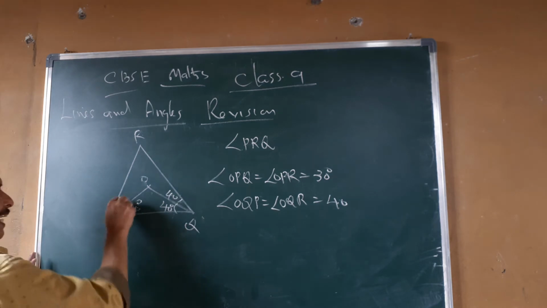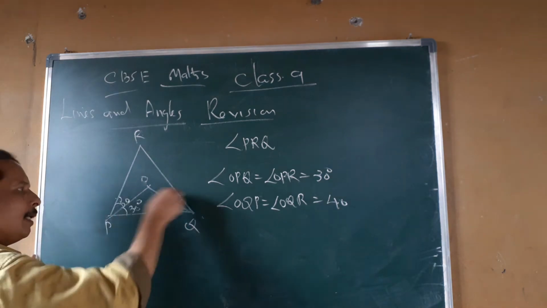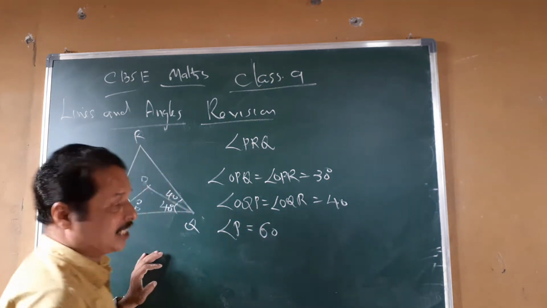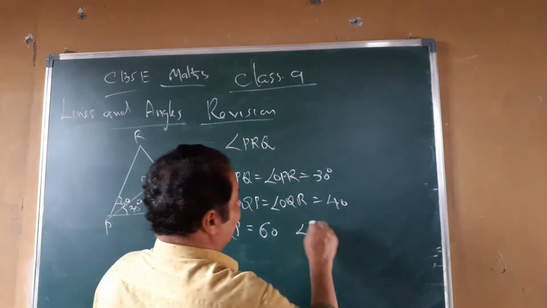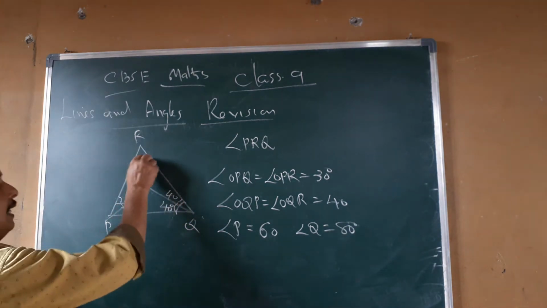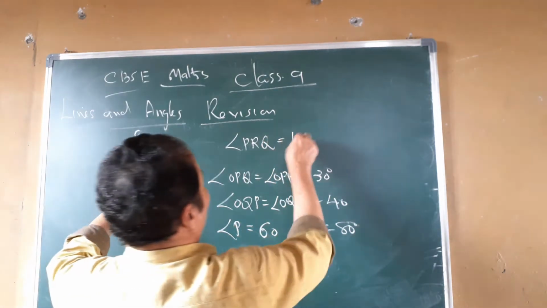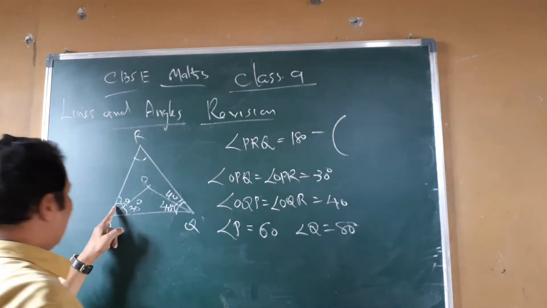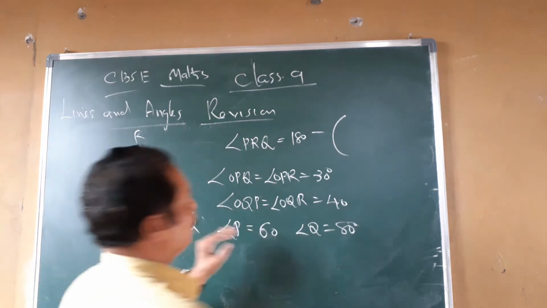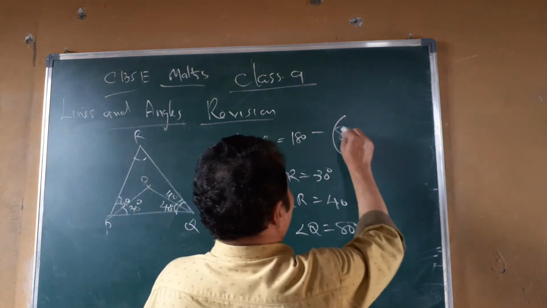So the total angle P is 30 plus 30, 60. Total angle Q is 40 plus 40, 80. So what is the third angle? That is angle PRQ equal to 180 minus the two angles, 80 and 60.